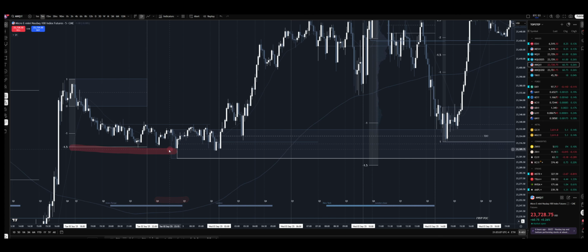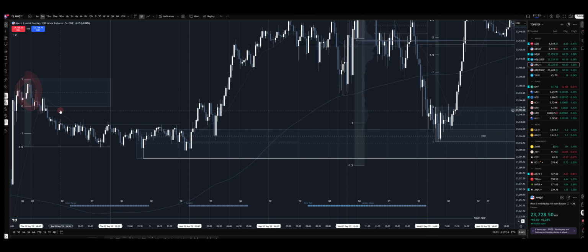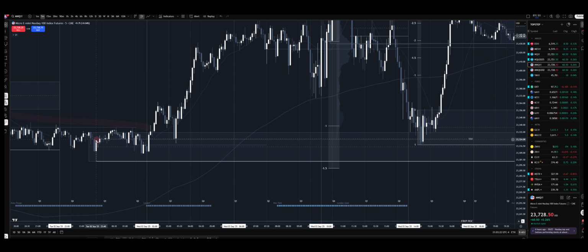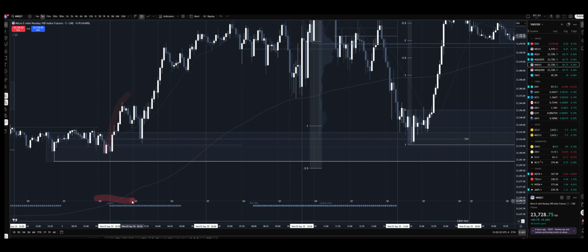We sweep the lows. Price comes down to SD 1.5 of this manipulation swing here. We build up inner range liquidity the whole time. And then we come into London, still sort of respecting our 50% of this zone here. And then we expand out. Expand out during Q2 in London.